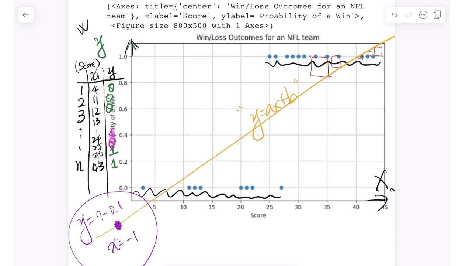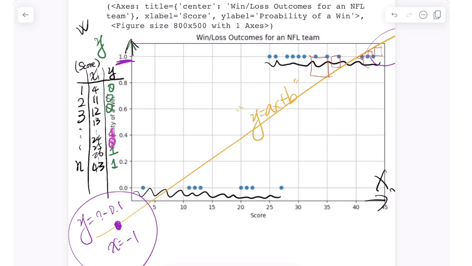And on the other side, if you score more than, for example, 55 points, your winning probability will be higher than 1.0, which is not a feasible solution. So it is very strange to use linear regression to solve such a problem, although x and y can both be represented as numeric data.